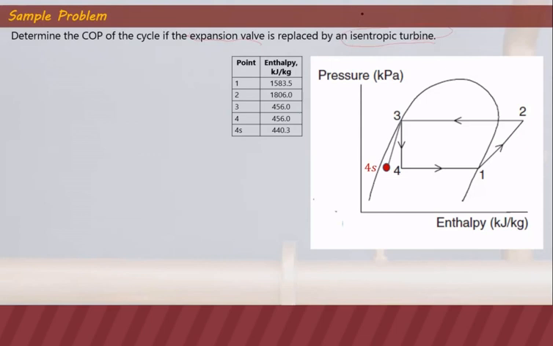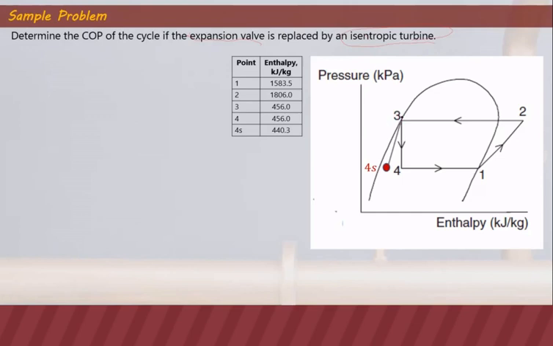So from the name itself, instead of using an expansion process, a throttling process wherein enthalpy is constant, here we replace it with an isentropic turbine. Therefore, the process 3 to 4 now will become isentropic.